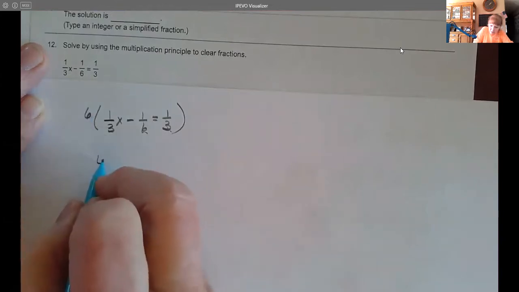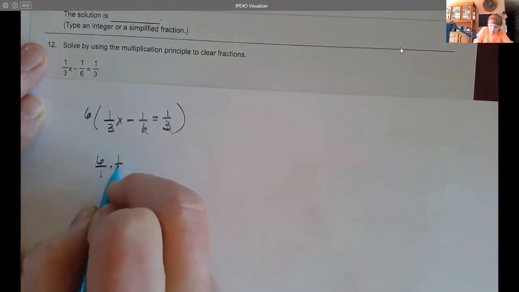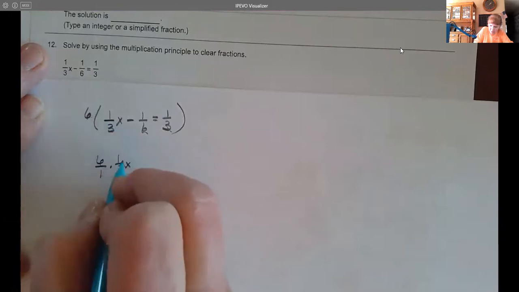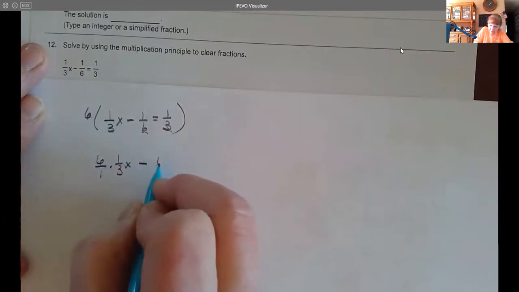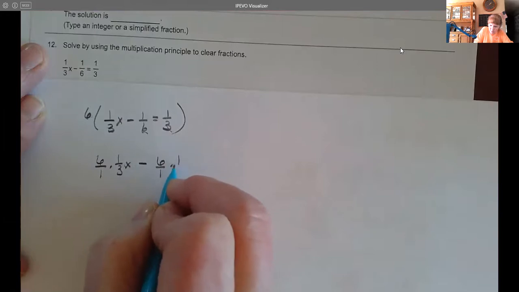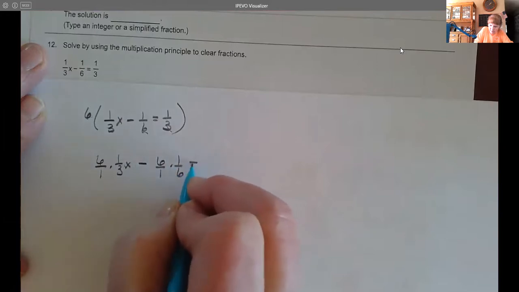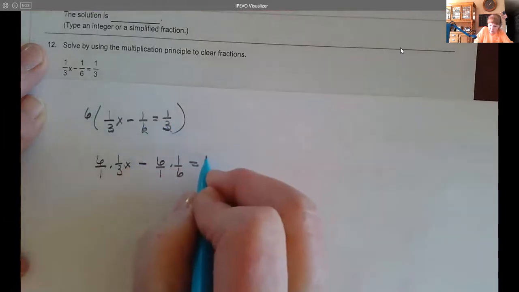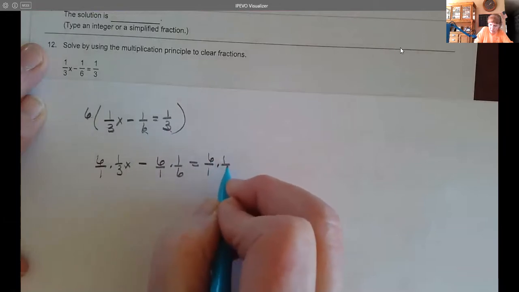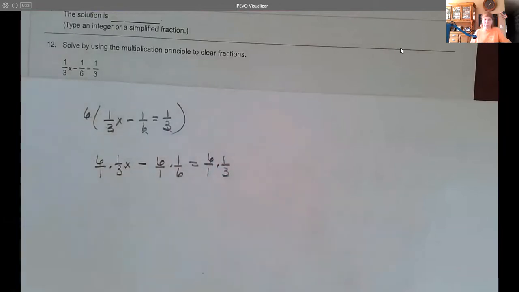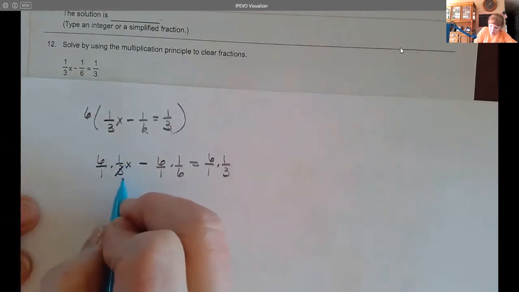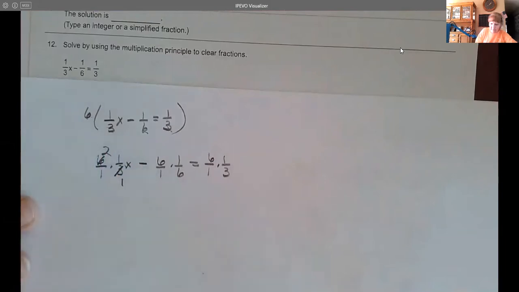So I'm going to take 6/1 times 1/3 x, the first one, minus 6/1 times 1/6 equals 6/1 times 1/3. It's a good review of multiplying fractions. Reduce them, multiply across. 3 goes into here once, 3 goes into here twice.